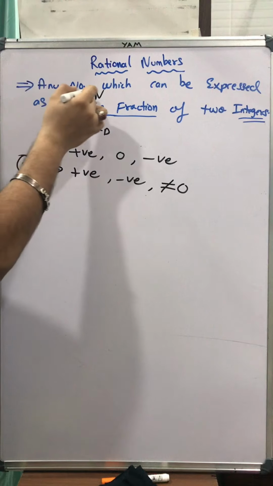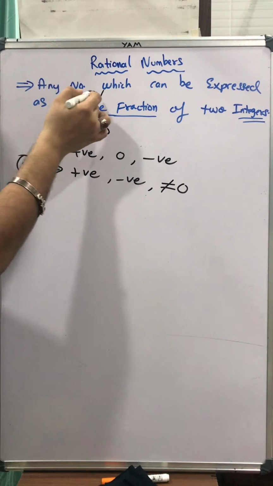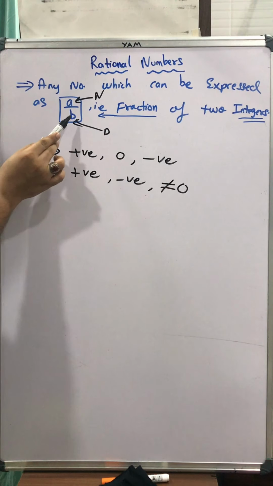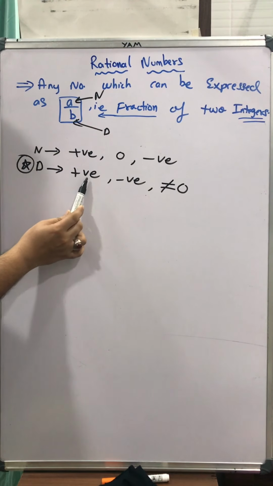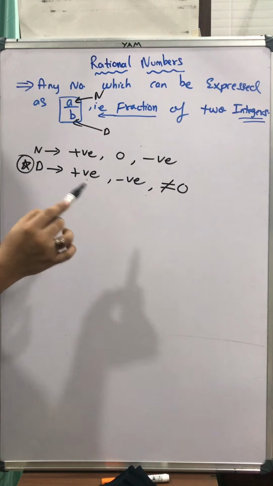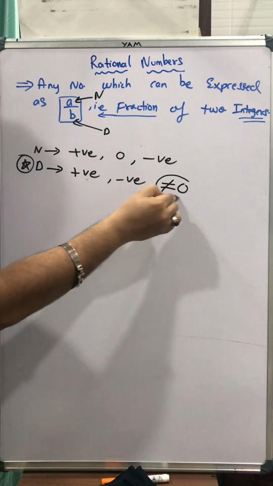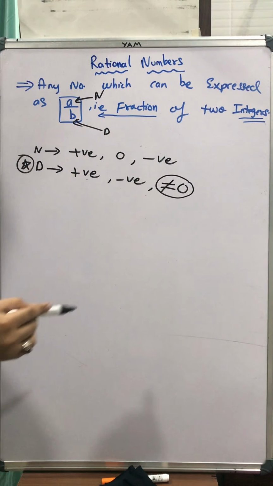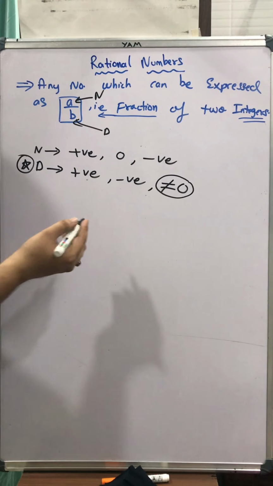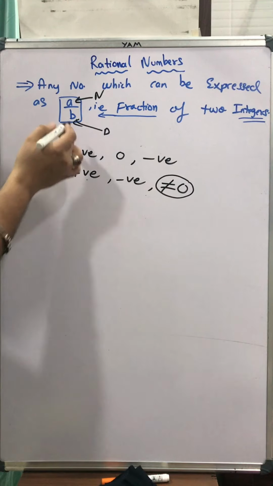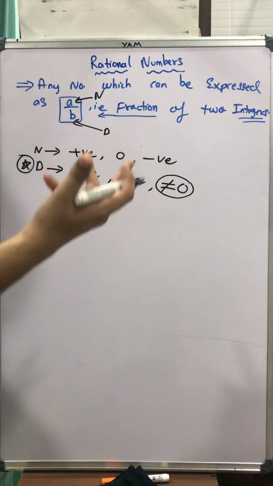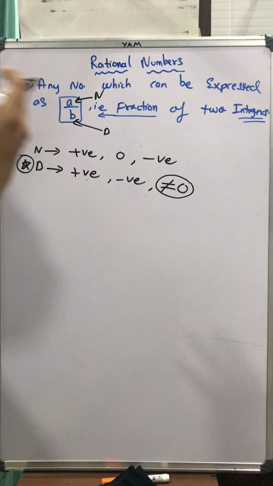In the denominator only positive and negative integers can come, but 0 cannot. The denominator cannot be equal to 0, because if in any fraction the denominator is equal to 0, then that fraction or that number is not defined.